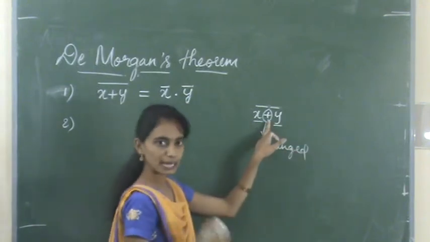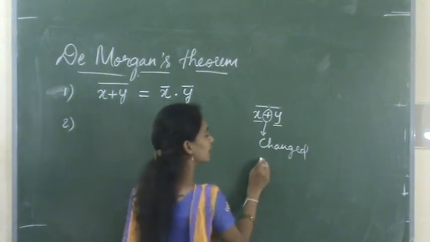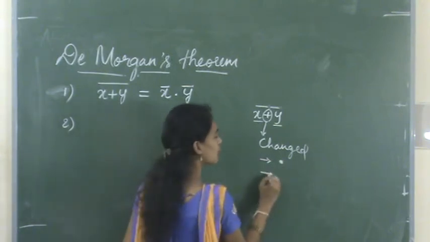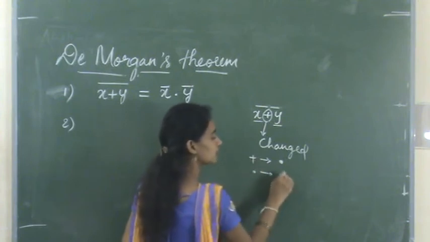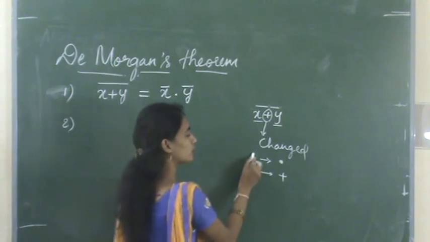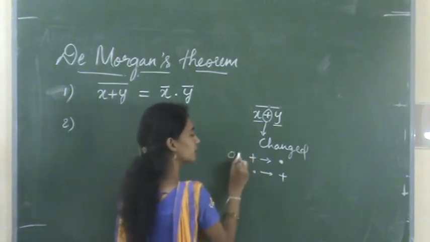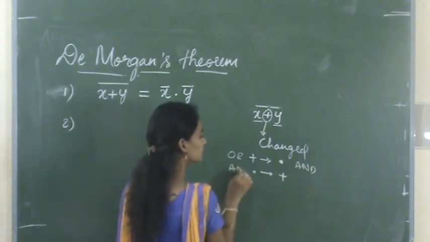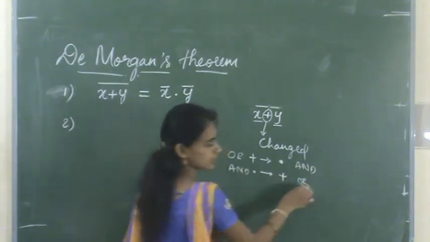If you have a plus, you have to change it to multiplication. If you have a multiplication sign, change it to addition. So we are changing the OR sign to the AND sign, or the AND sign to the OR sign.